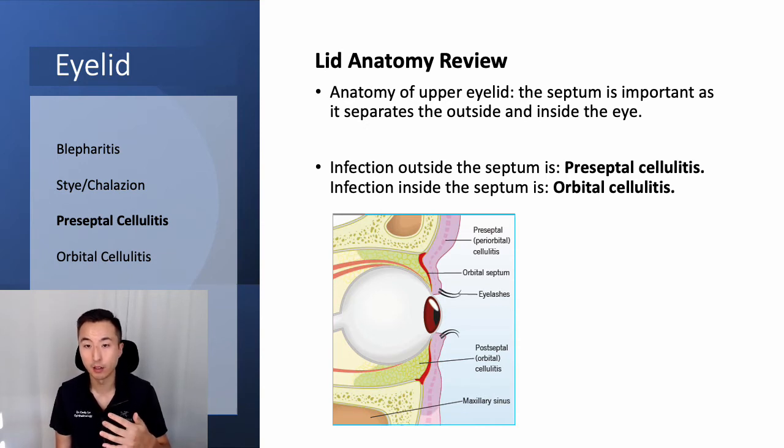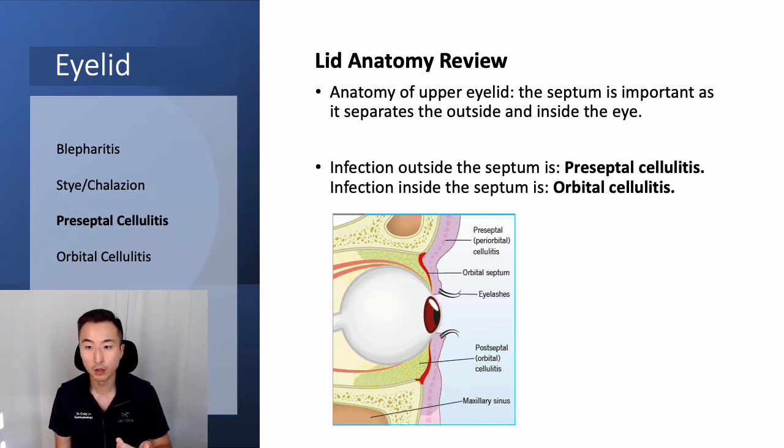And the orbit is what contains the eyeball and the extraocular muscles. Way in the back is where the optic nerve is. And that connective tissue layer is helpful because it serves as an artificial boundary such that typically, if an infection happens on one side of the septum, it acts as a barrier. In really severe infections, that barrier becomes broken.